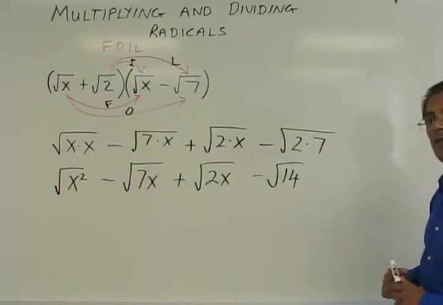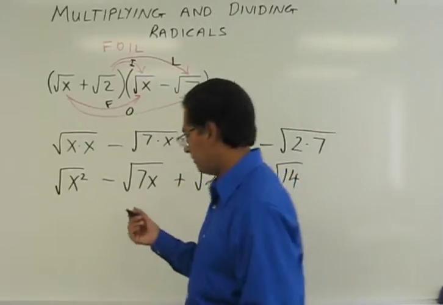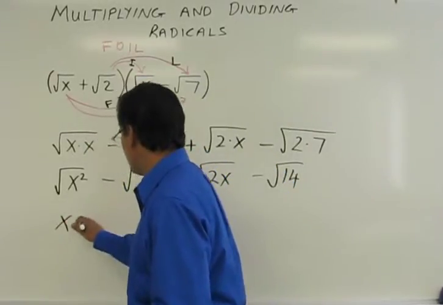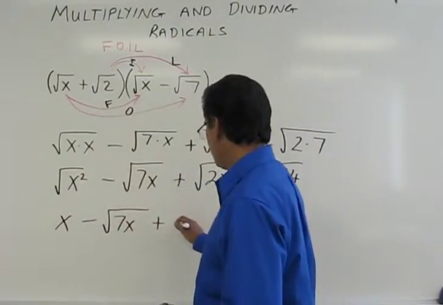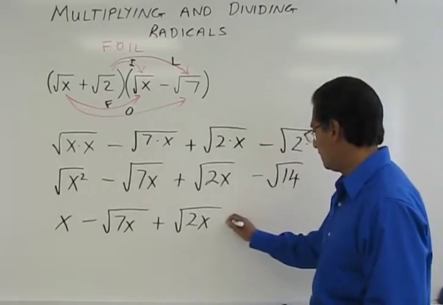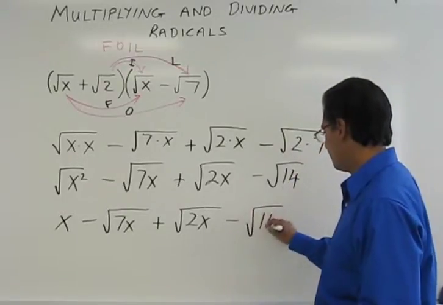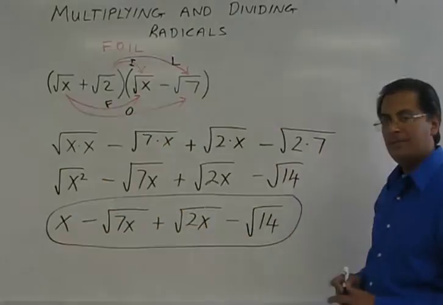The only thing we can simplify further is the square root of x squared, which is x. So we'd have x minus root 7x plus root 2x, minus the square root of 14. And so that's our final answer.